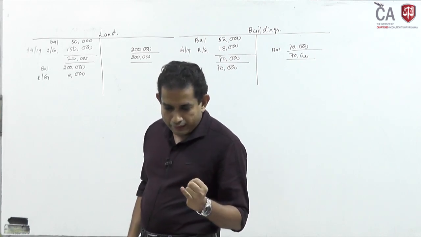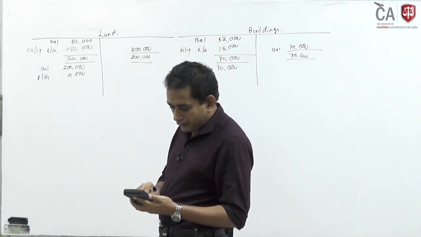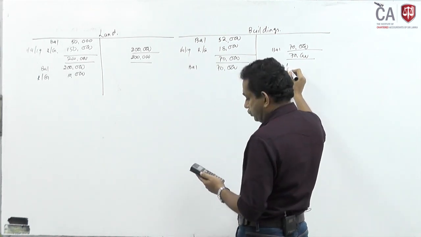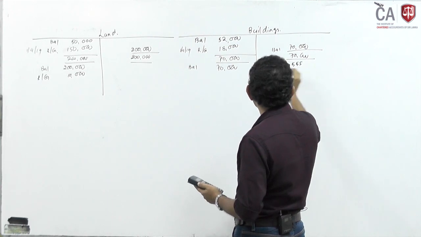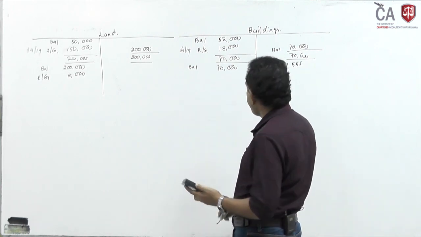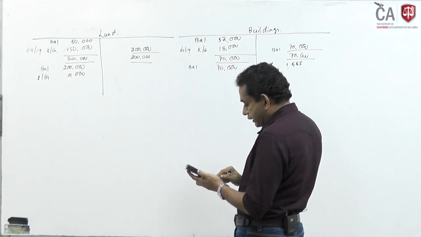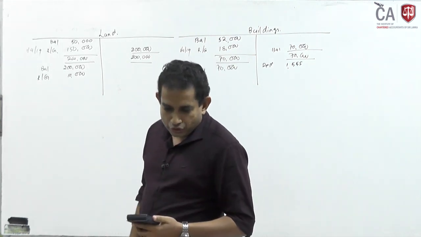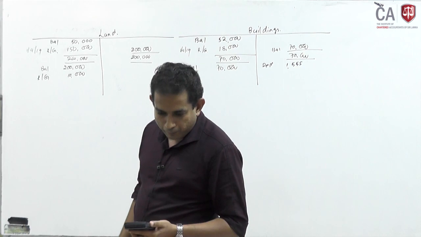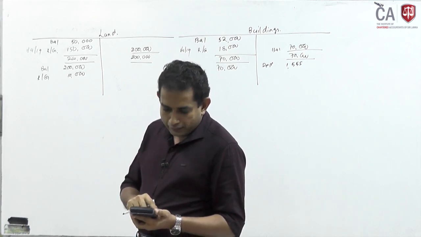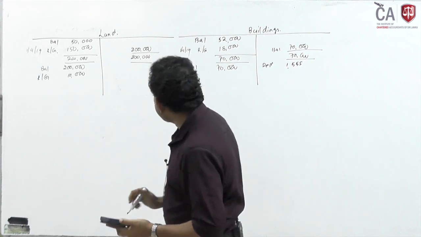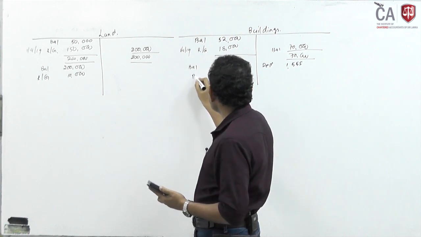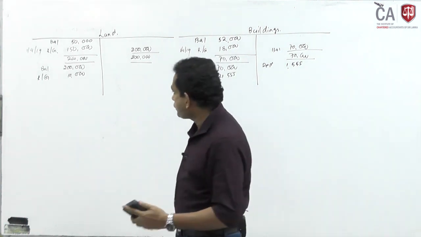April, May, June, July, 4 months, divided by 12 into 4, 1,555 depreciation is recognized, and we revalue it: 70,000 minus 1,555, 68,445. So, the revaluation gain has to be how much? 90,000 minus this, we recognize 21,555 revaluation gain.